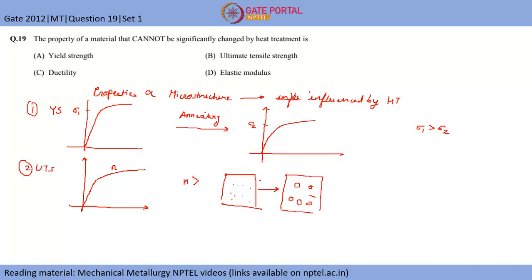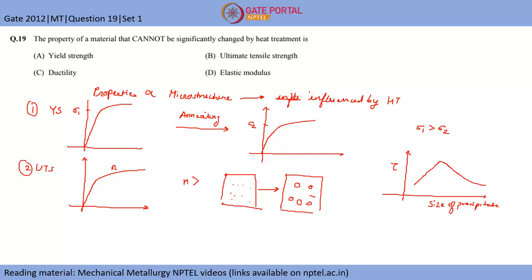Aging is a type of heat treatment only. Then the tau required for this dislocation to go out, with the size of precipitate, first it will increase and then it will decrease.